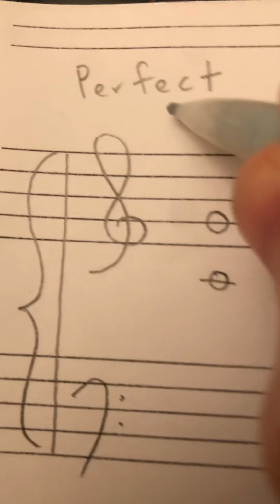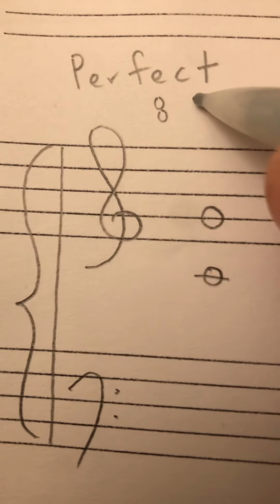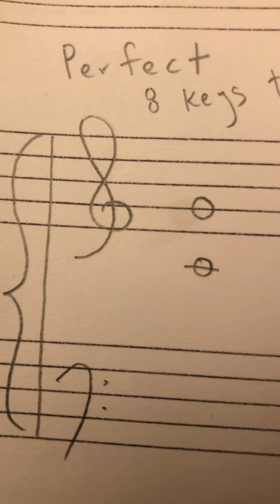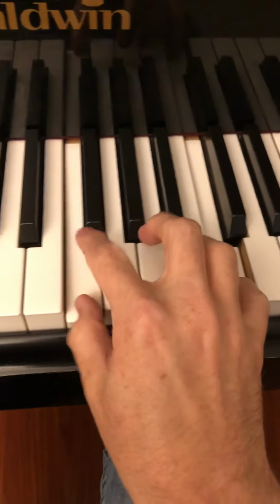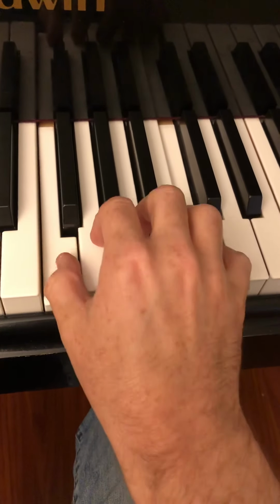So a perfect fifth, you could say, is 8 keys total, okay? Just like this is a perfect fifth also, starting on F though. 1, 2, 3, 4, 5, you know?